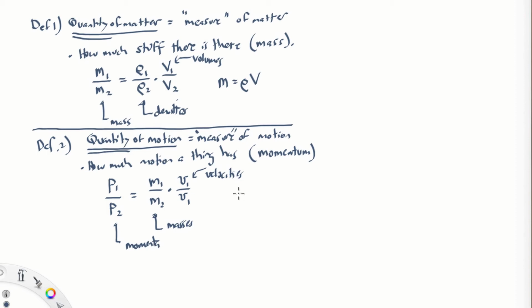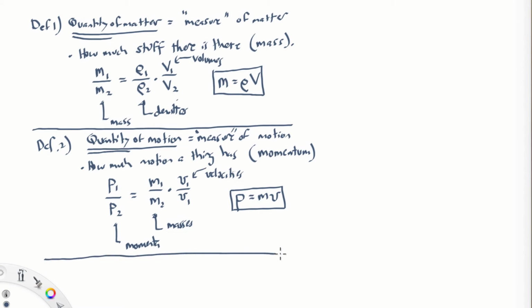And once again, if you don't like forming these ratios, you could just say the momentum of an object is equal to its mass times its velocity. Okay, so these are a couple of important formulas. The formulas on the right are probably how you're used to seeing these quantities written, but this is how he was writing it, as a ratio or a comparison of these things.